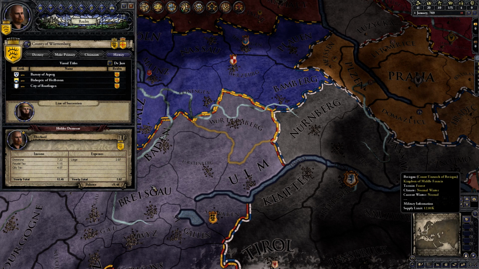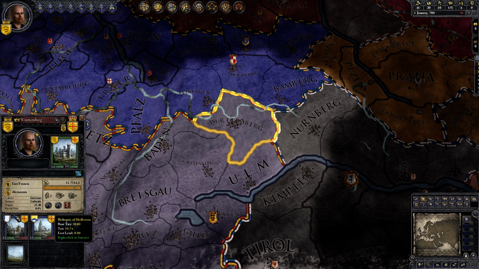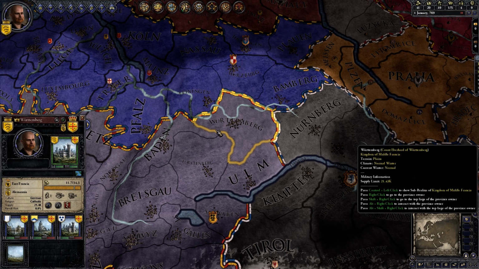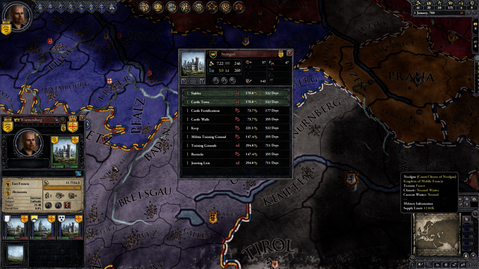So we pay taxes to our king or our duke, and those subholdings pay their tax to us. The stuff we hold directly gives us the tax directly.